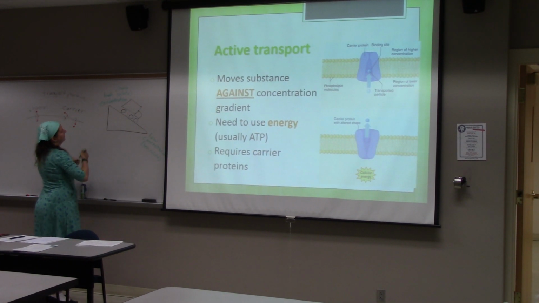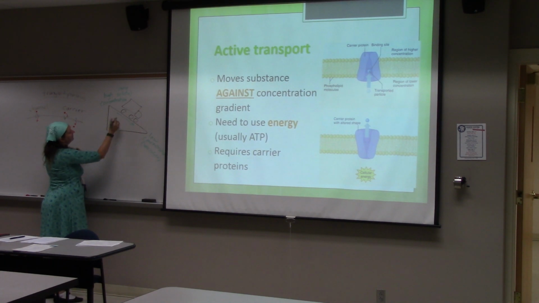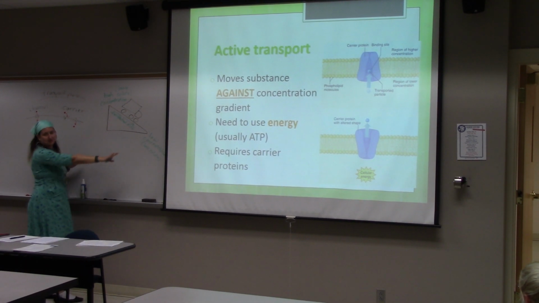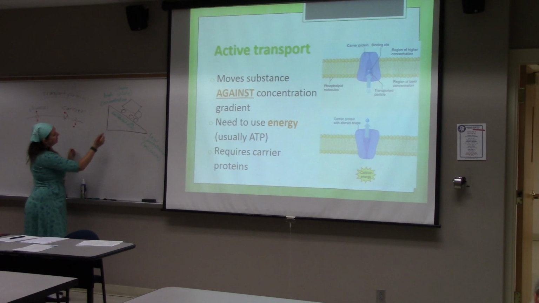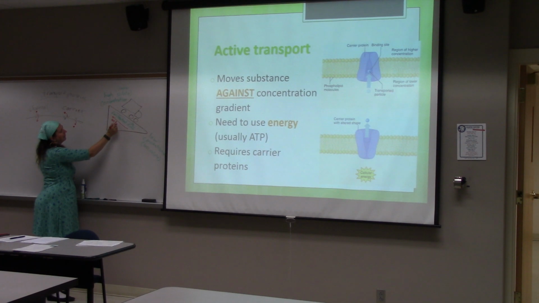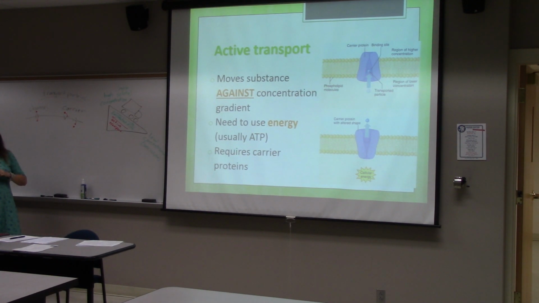So your facilitated diffusion uses a carrier to move something with its gradient or downhill. Active transport is also using a carrier, but it's pushing the substance uphill against the gradient.